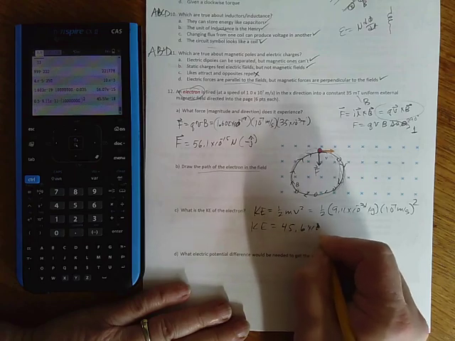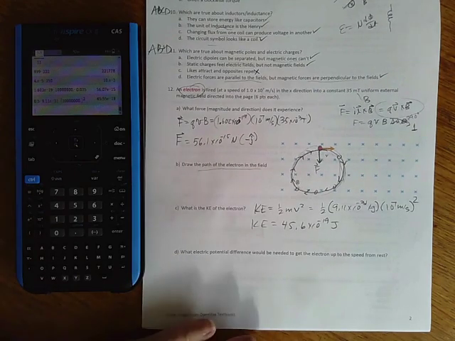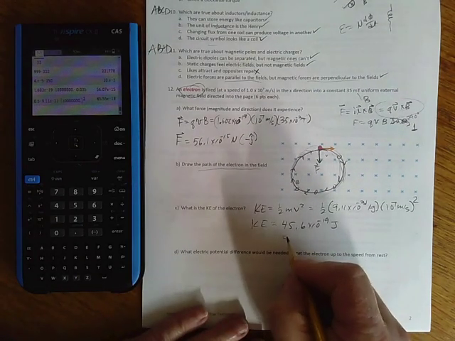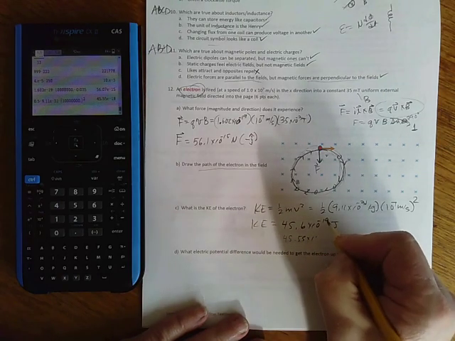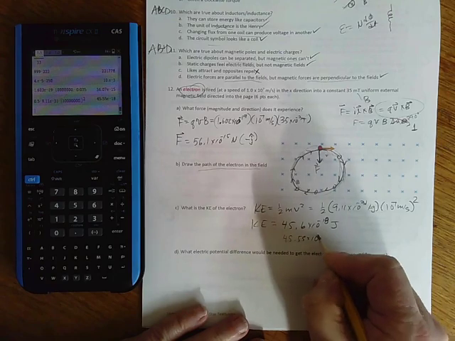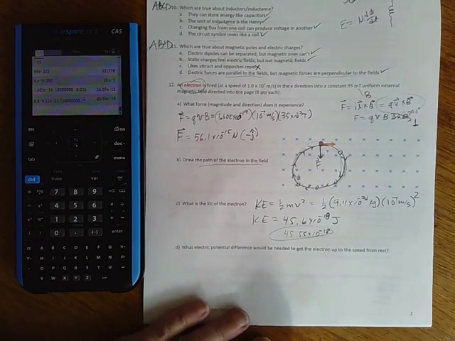That gives 45.6 times 10 to the negative 18 joules. Let's keep 45.55 times 10 to the negative 18 for another calculation that I happen to know we're going to be doing.